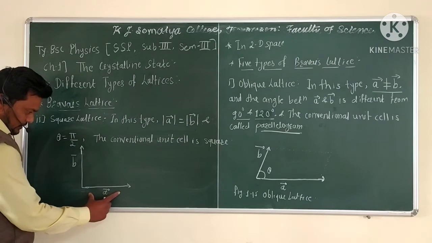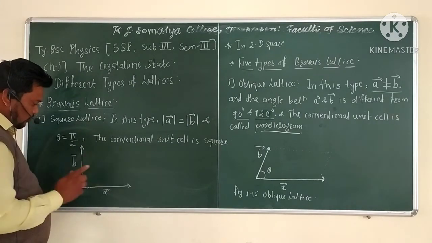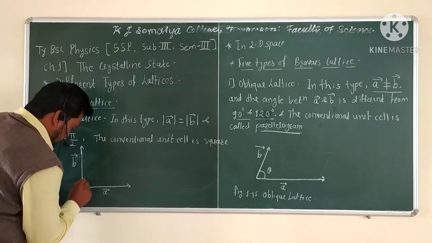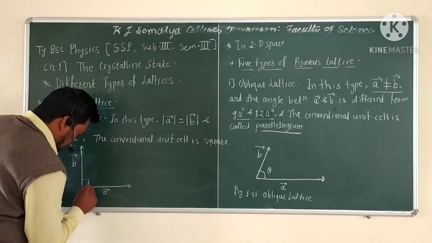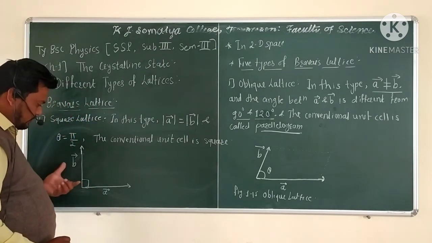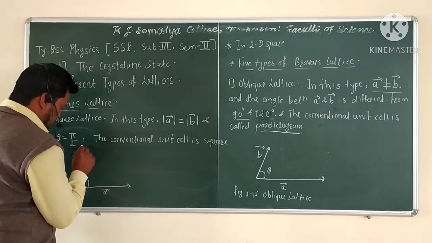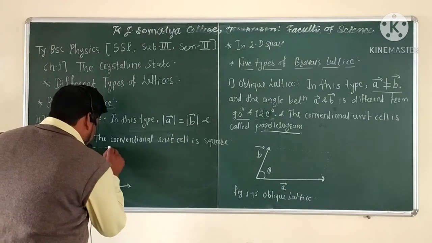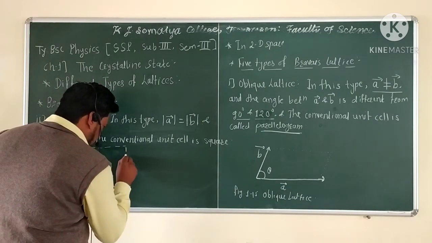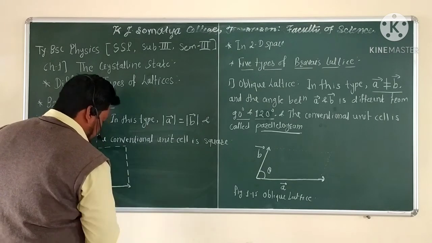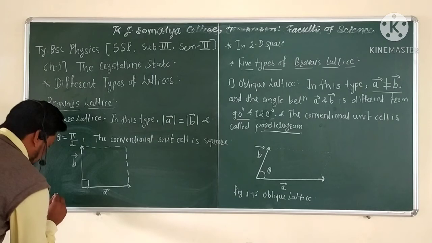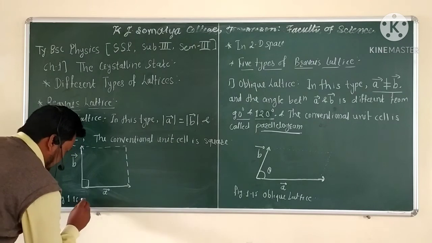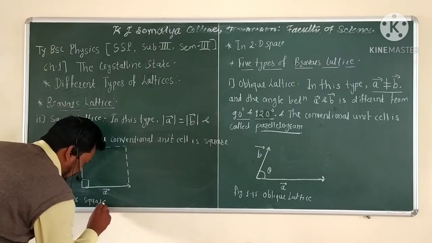So consider this vector A and this vector B. The size or length of both vectors is the same, and the angle between vector A and vector B is pi by 2. If we see this geometrical shape, the conventional unit cell is nothing but the square. So that figure 1.16 is the square lattice.